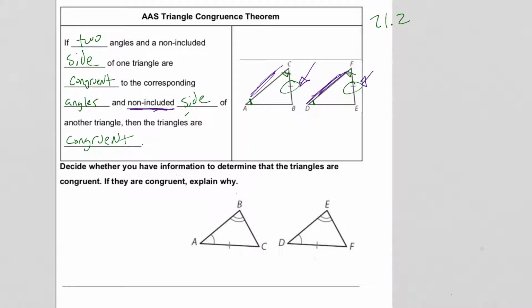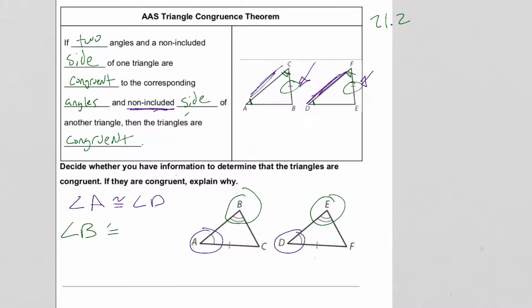So let's take a look at this example. We've got angle A, and that appears to be congruent to angle D. And then you've got angle B, and that appears to be congruent to angle E. And then you have the non-included side, right? The included side would be this side between the two angles.